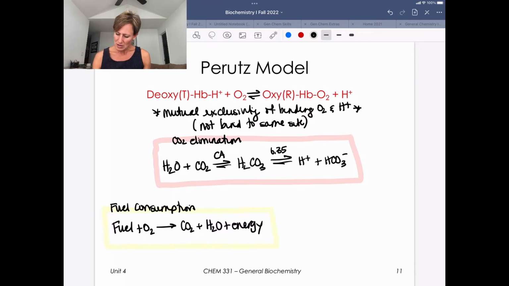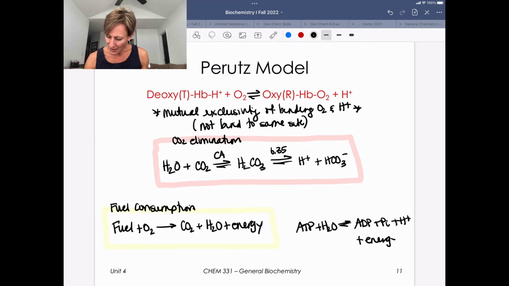The other piece that I'm going to map on here is highlighting what that energy really is. We know that energy is ATP. So the hydrolysis of ATP is what generates energy, and that hydrolysis ultimately generates ADP plus Pi plus protons, and we know that that hydrolysis process generates energy.